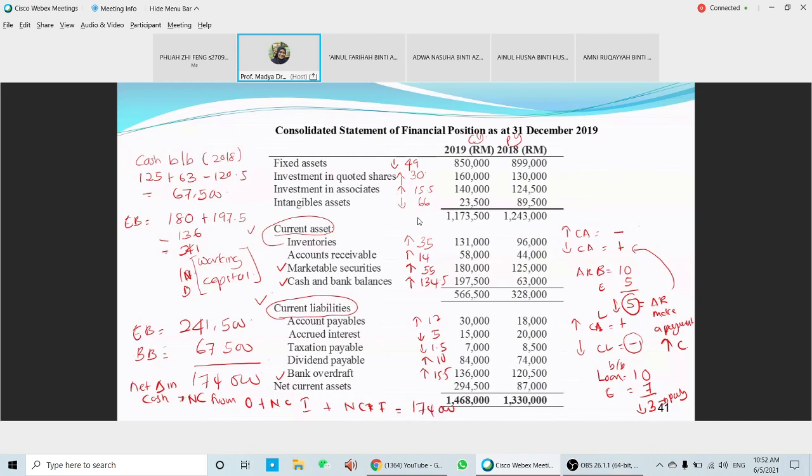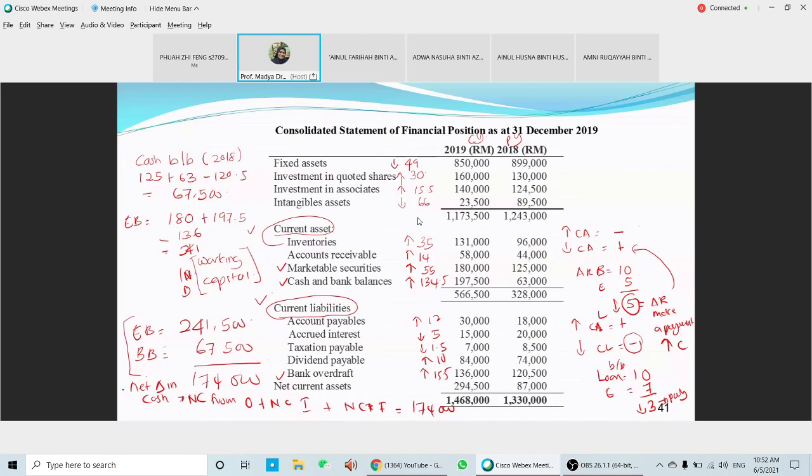So actually, the cash flow statement will give you a clue whether your answer is correct. First, you calculate the ending balance and the beginning balance and look at the difference.